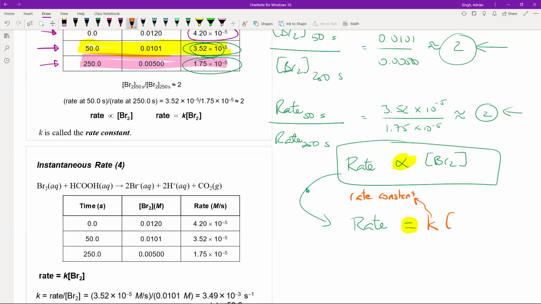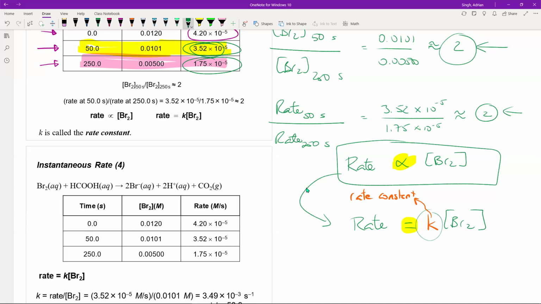And then that's times the concentration of Br2. We saw this at least a couple times back in Gen Chem 1 when we went from a proportionality to an equality. So k is called a rate constant, and the rate is equal to k times the concentration of Br2.